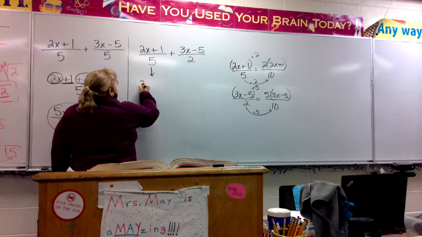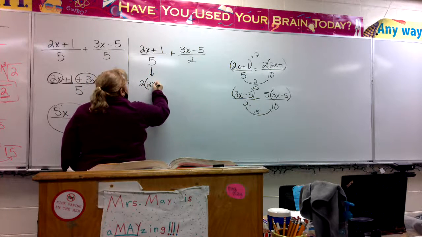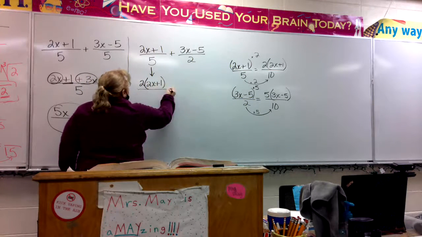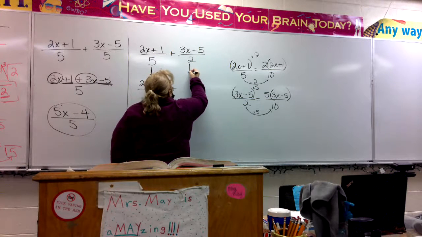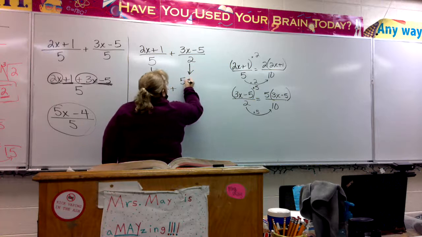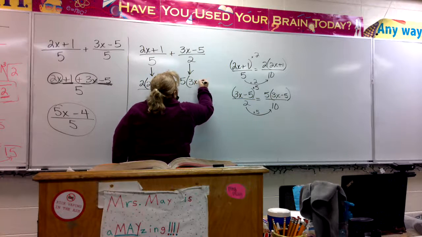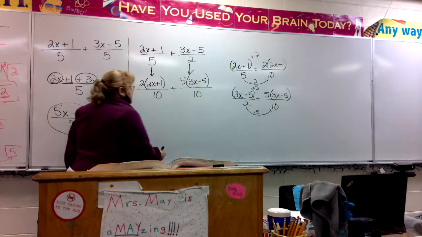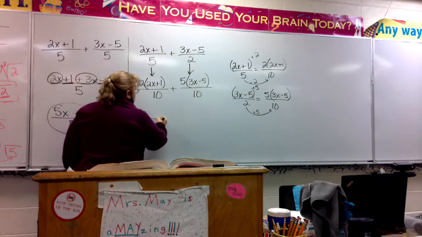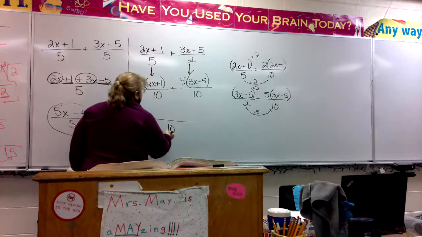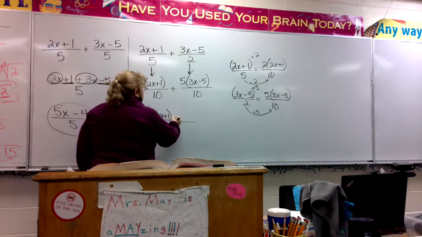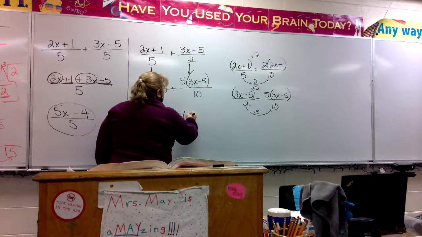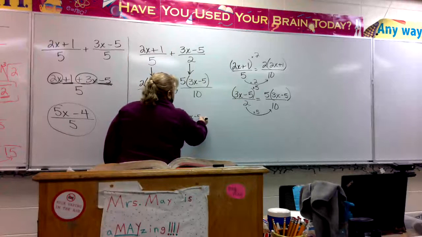This one is a 2 times 2x plus 1 all over 10. And this one is a 5 times 3x minus 5 all over 10.